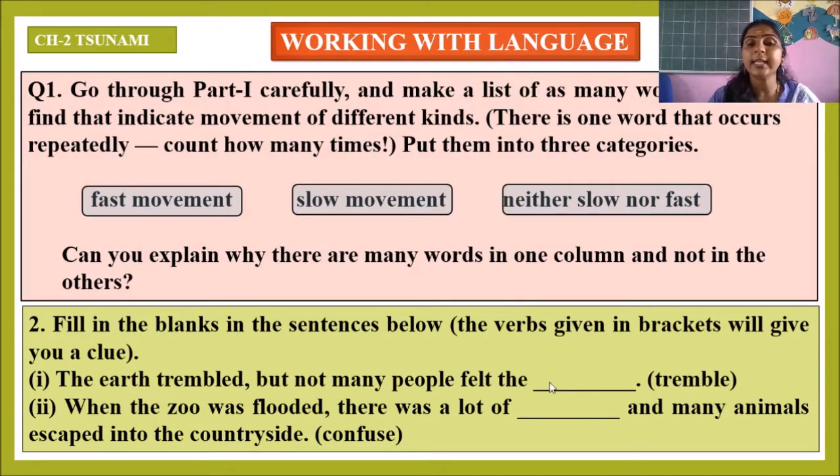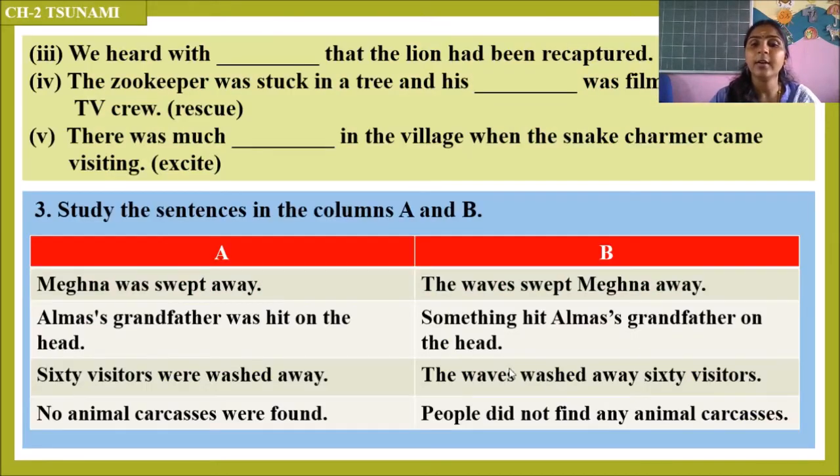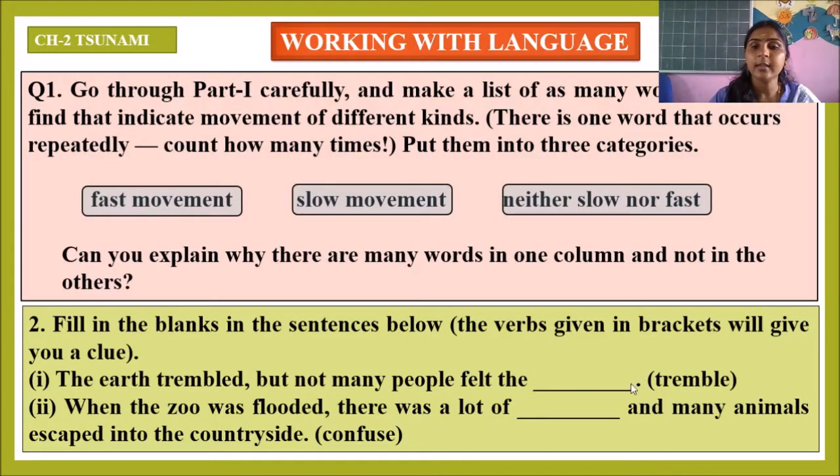T R E M B L, you have to cut off the E there and add ing. Trembling. So check the answer again. T R E M B L I N G. Trembling.